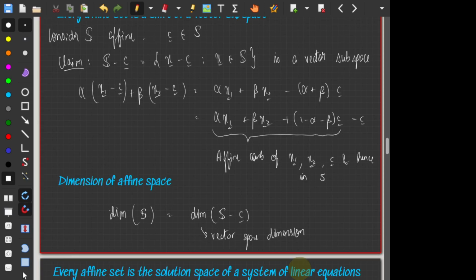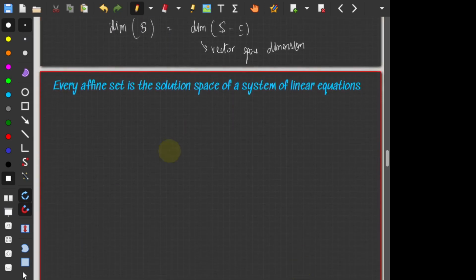It's the solution of a homogeneous system. Yep. And so we shift it to get a general linear system. That's it, right? So what do we have?